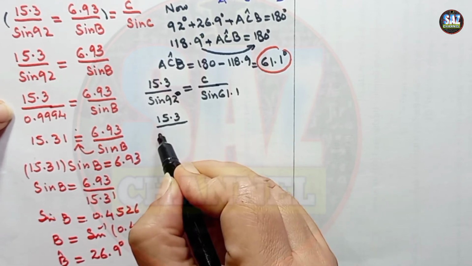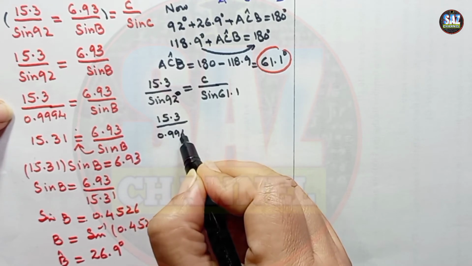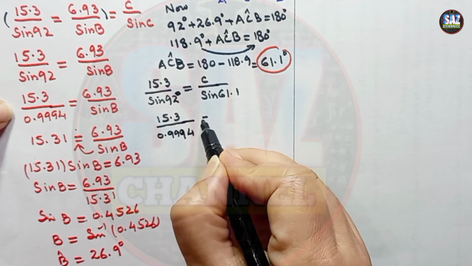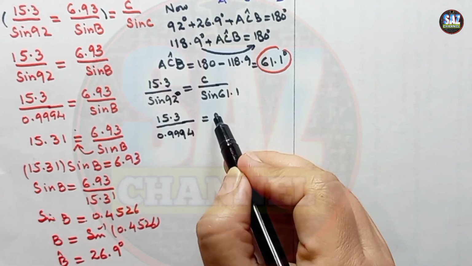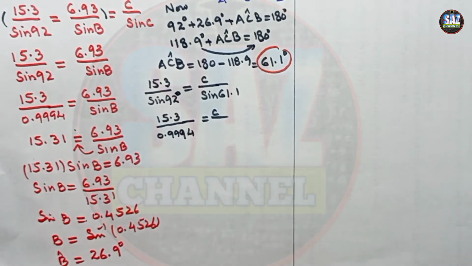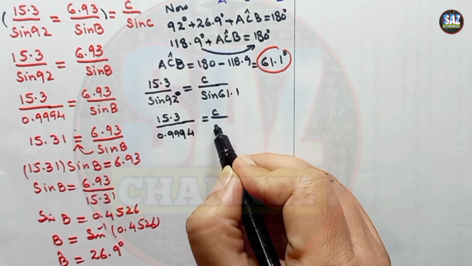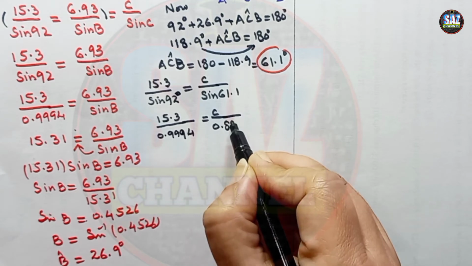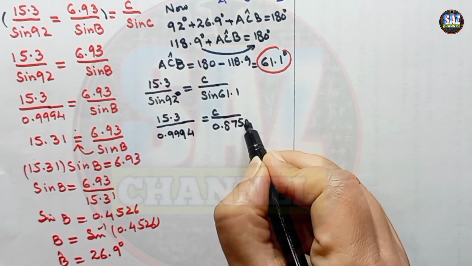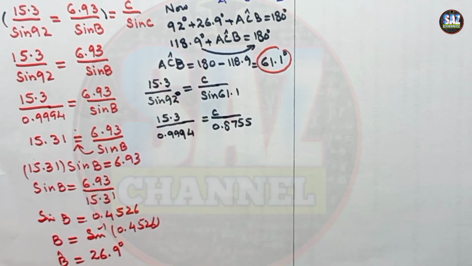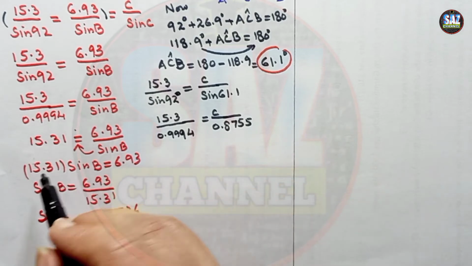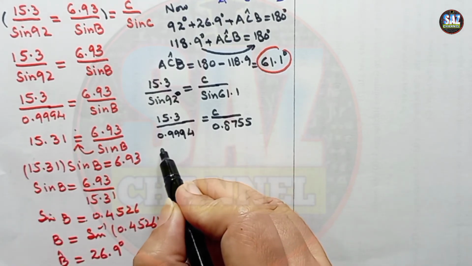This gives 15.3 upon 0.9994 equals c upon sine 61.1. Checking sine 61.1 gives 0.87546. Now dividing 15.3 by 0.9994 gives 15.31, and the calculation is over here.